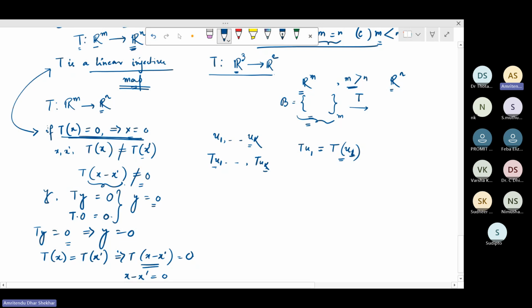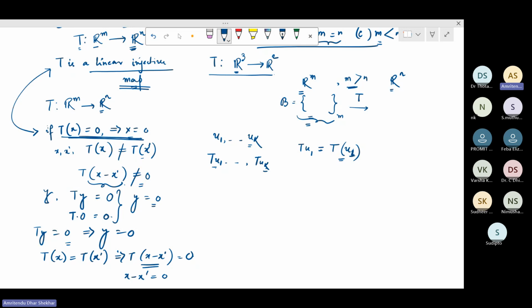Typically when you are asked to prove that something is linearly independent, you often assume the contrary and try to say, okay, what if this was linearly dependent? If this was linearly dependent, then I can produce a linear combination which gives me this 0, and this linear combination is non-trivial.